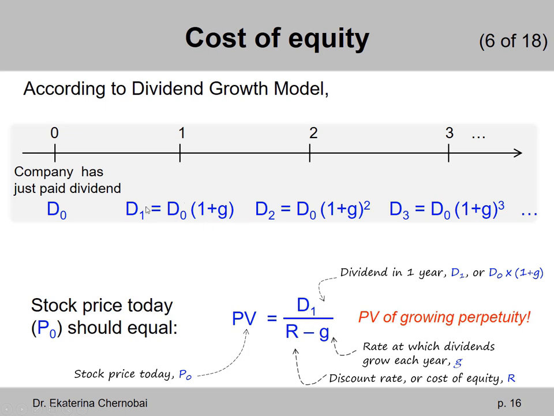In our case, that's the dividend in 1 year, D1, divided by R minus g. So D1 could also be calculated by starting with the most recently paid dividend, D0, and multiplying it by 1 plus the growth rate in dividends. R in the denominator is the discount rate, and this is what we are also calling cost of equity in chapter 14. And g is the rate at which dividends are growing every year.